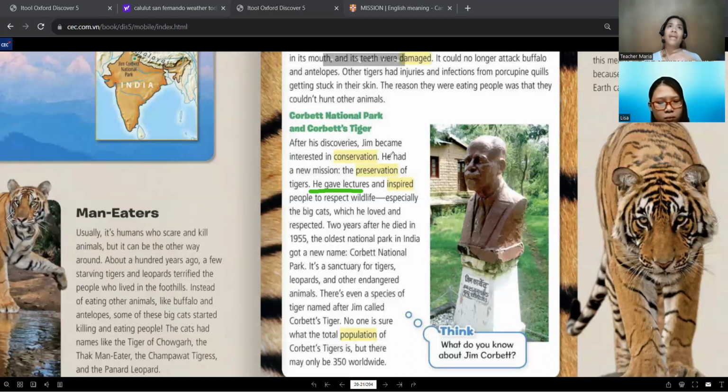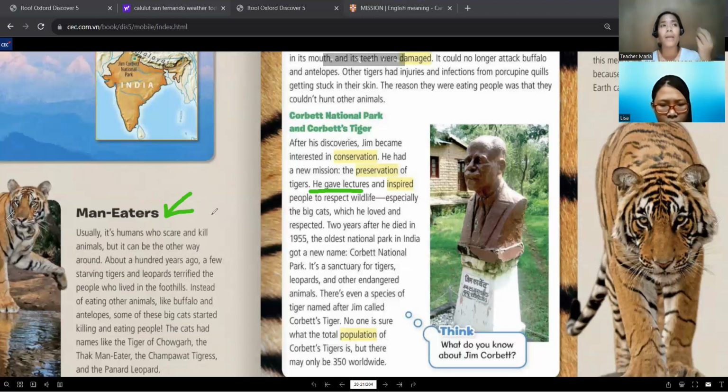because it seems that it's unbalanced. Like from the man-eaters, the first topic is the man-eaters, right? At first, these tigers killed people. But why do the tigers eat people?